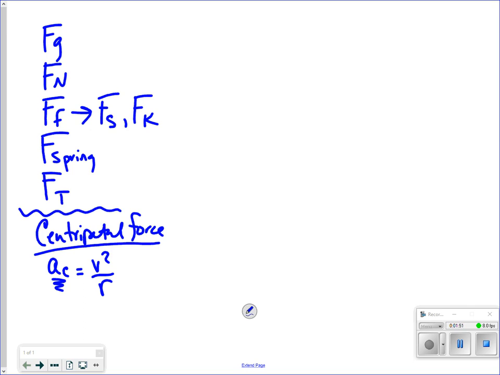So if we are dealing with a centripetal force, which is F sub c, that is going to be equal to, just like Newton's second law, instead of ma, we're going to say mac, right? Which means we could actually come up pretty quickly with this as a formula for centripetal force. But here's the crazy thing about centripetal force. It's always caused by another force.